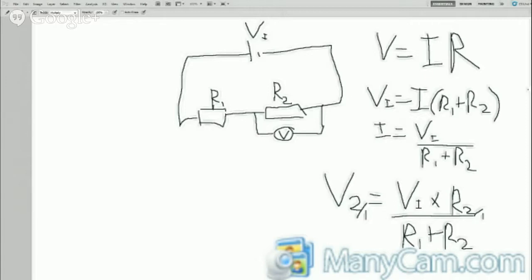So let me give you a couple of examples. If one of these we now make a variable resistor, by varying this resistance, we can vary the voltage here. And so if we replace this voltmeter with something like a diode, in fact, let's do that.